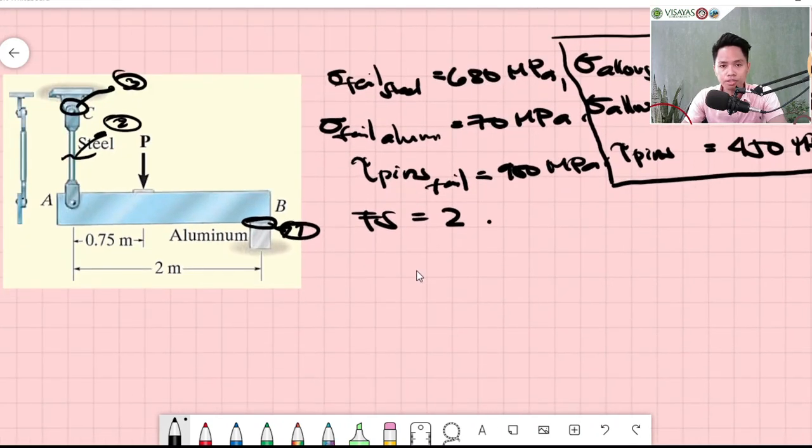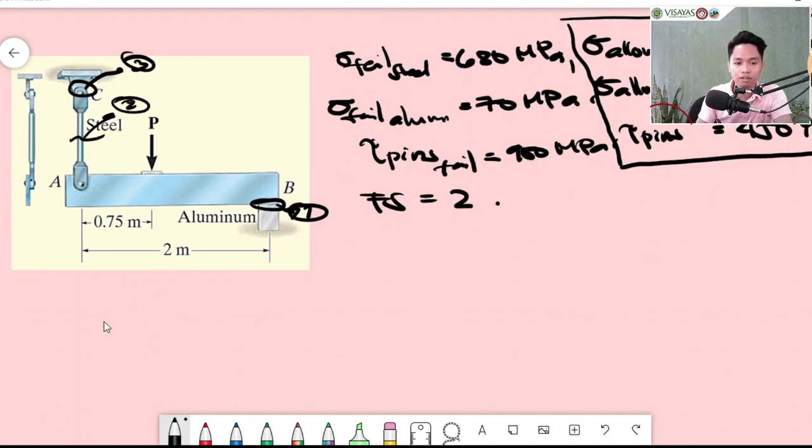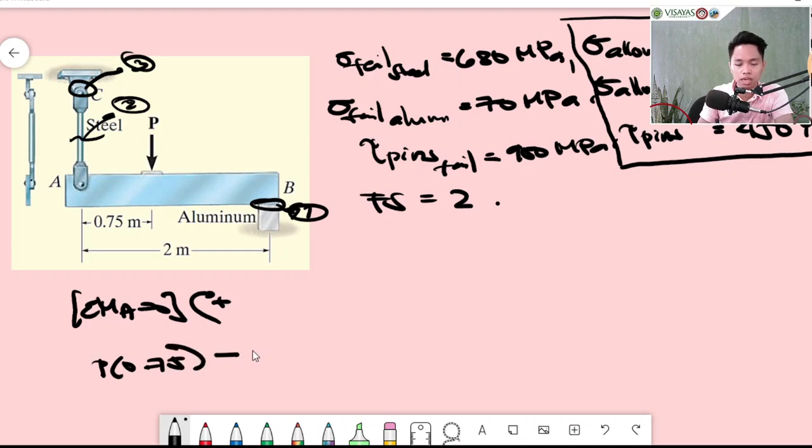Okay. So let's start aluminum. Okay, so dili pa dito ka-design because we don't have yet the internal forces. So let's start solving your internal forces in terms of P. Okay, so summation of moment at A na lang ko. Clockwise moments are positive, so we'll be having P multiplied by 0.75 minus B times 2.